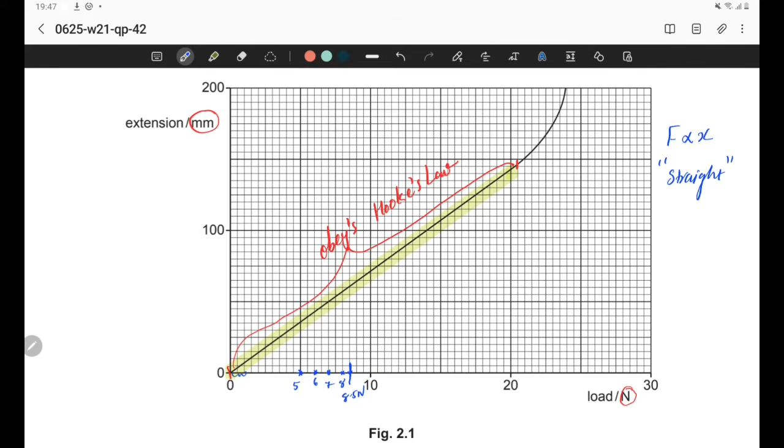So we can find what is the extension when the load is 8.5. So we just need to extend and find what is the corresponding point on y-axis, and we will get that is 60 millimeter.